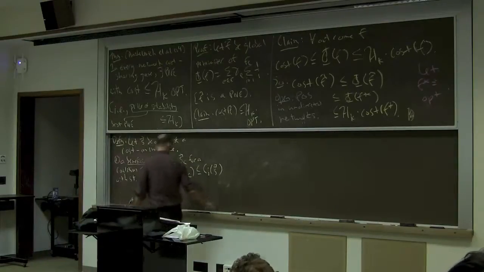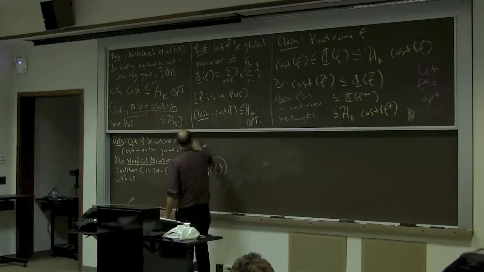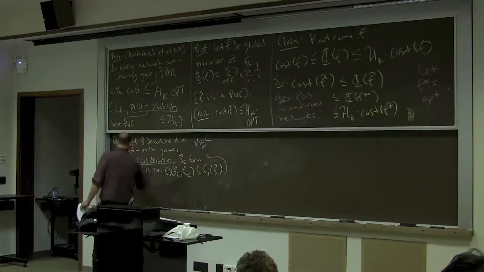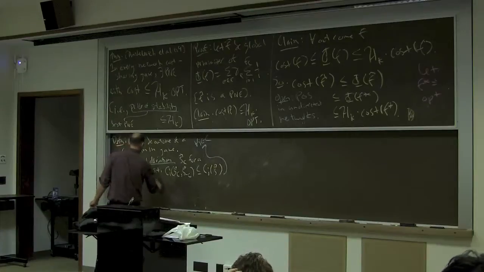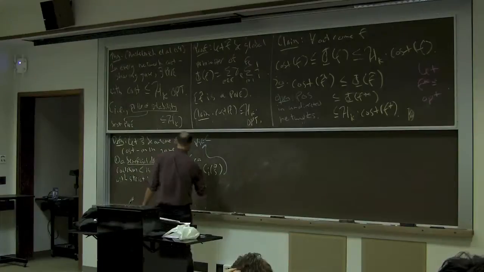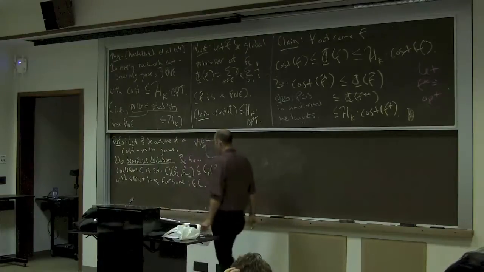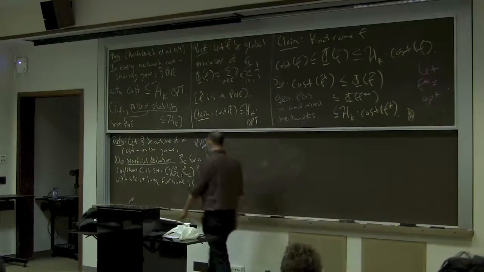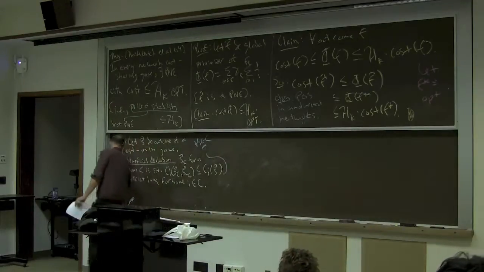So this is for everybody in a coalition, with strict inequality for at least one person, for some i in the coalition. So that's a beneficial deviation. Somebody gets better off, nobody gets worse off.